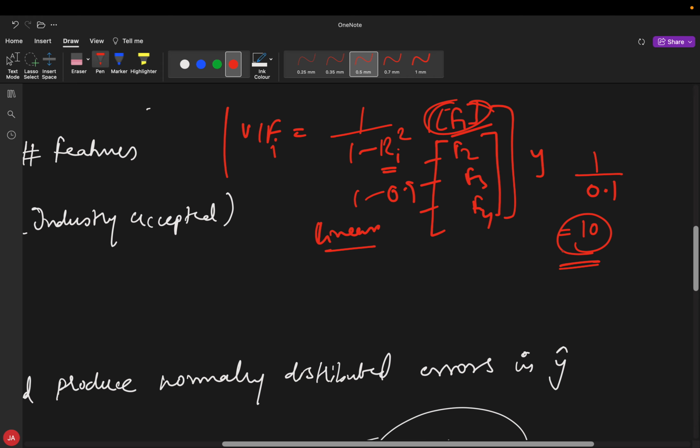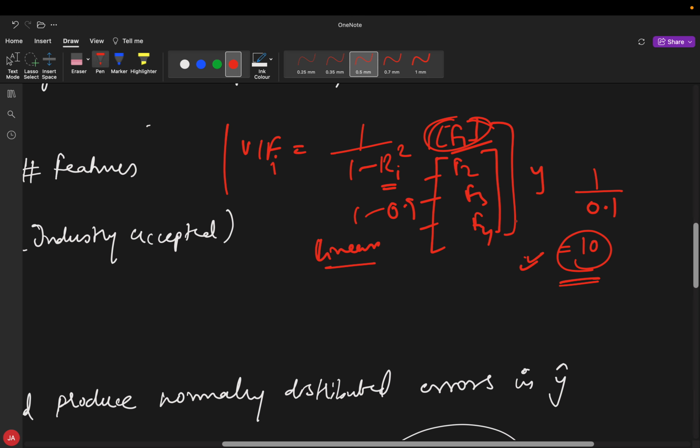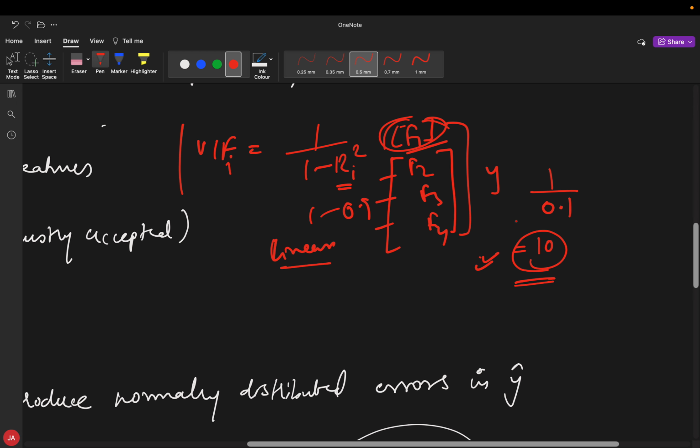We say these three features combined can explain 90% of the variance of this feature. So we have a VIF score of 10, and we suggest multicollinearity exists.